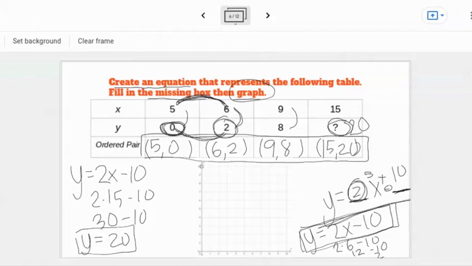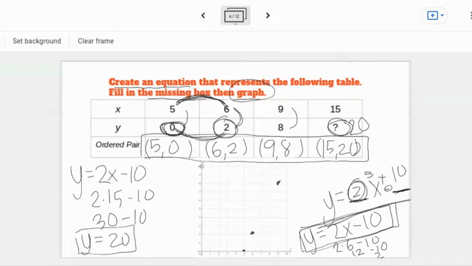Okay, check your graph with me. The first ordered pair is over 5, up 0. So that stays on my x-axis. The next one, over 6, up 2. Over 9, up 8. I'm sorry, mine's really small and blurry, but I believe that is 8 right there.